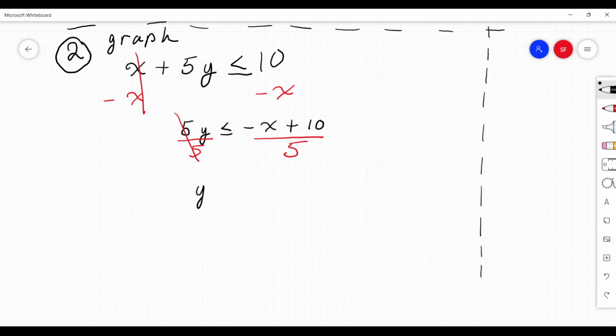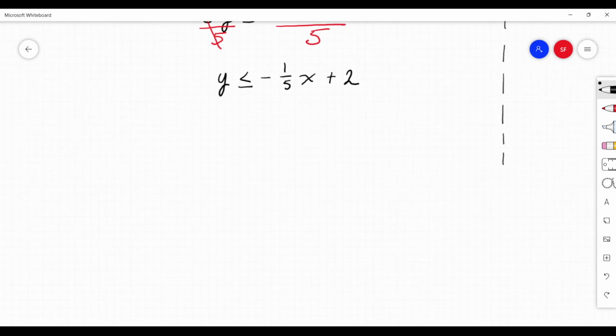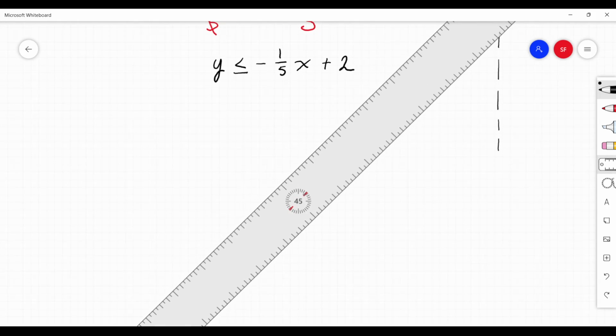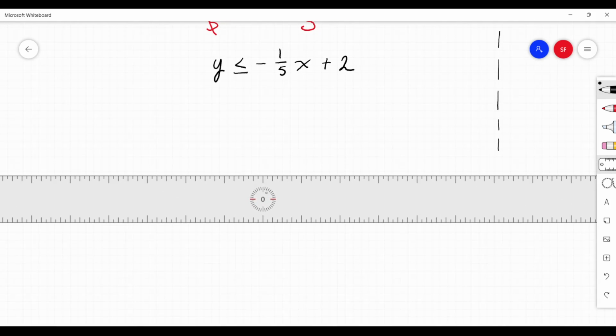So we end up with y is less than or equal to negative 1/5 x plus 2, right? Sound right to y'all? Okay, now what? Graph it. We're going to graph it. Draw some axes.